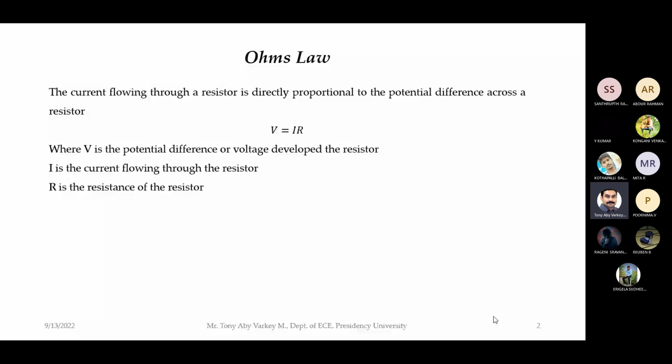So please remember, voltage developed across a resistor R is equal to current multiplied by the resistance. V equal to I into R.